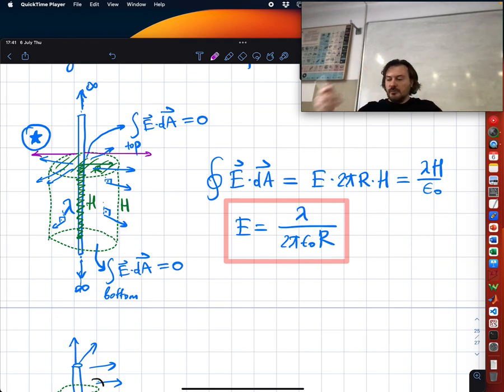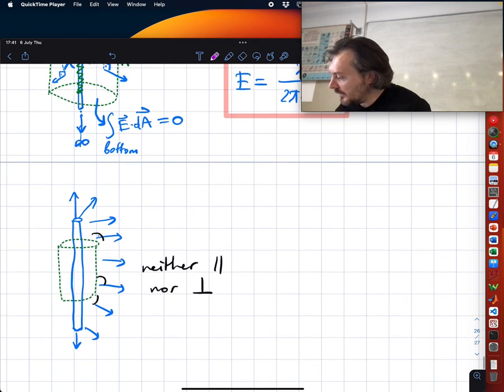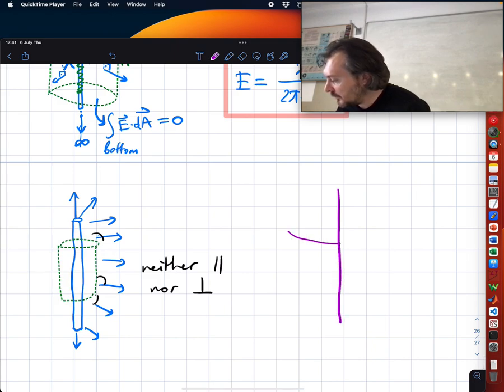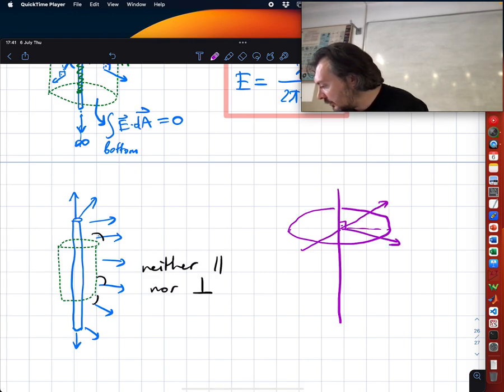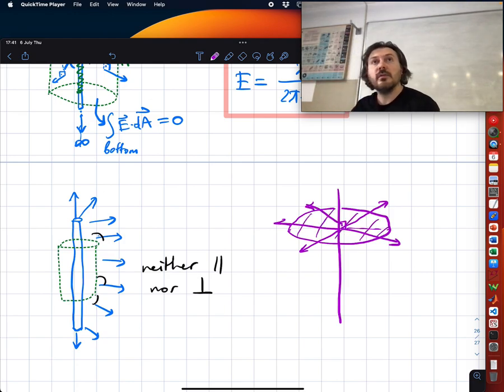And so you have a wire here. This is your surface, and the surface is perpendicular to the wire, right? And the fields are going out. They are all parallel to this surface. They don't cross it. Okay?